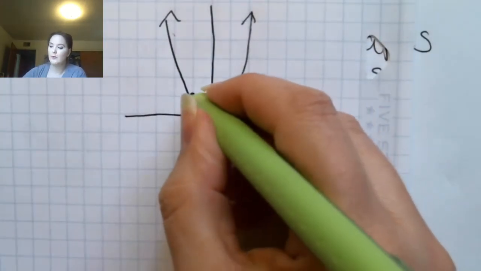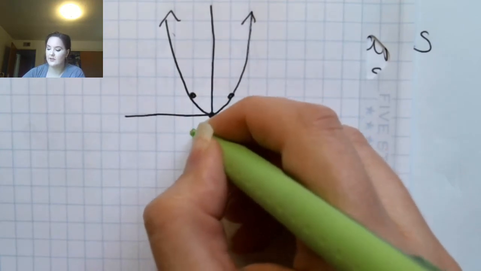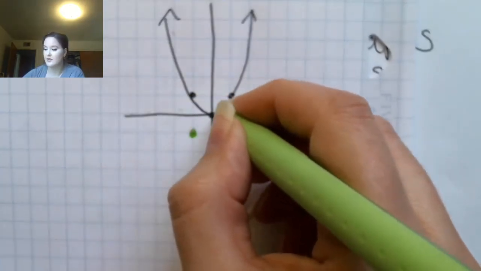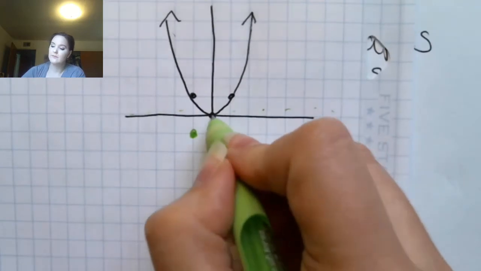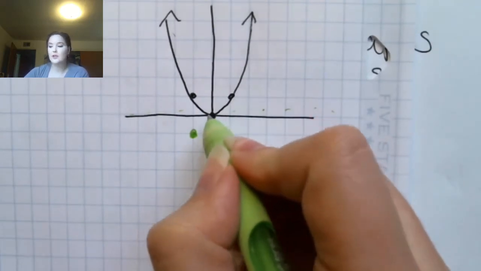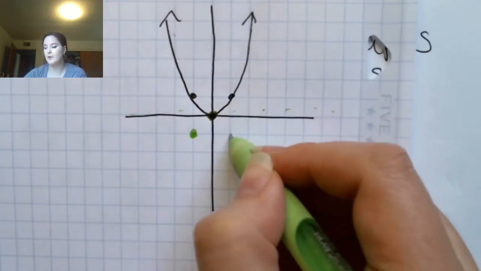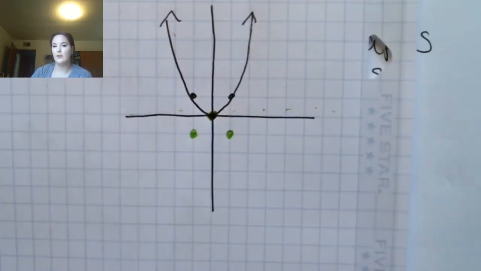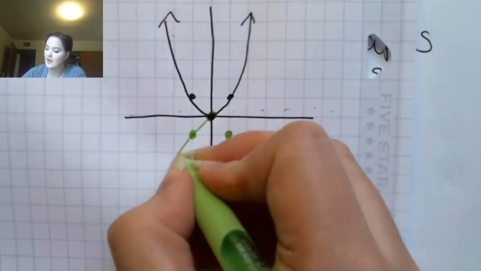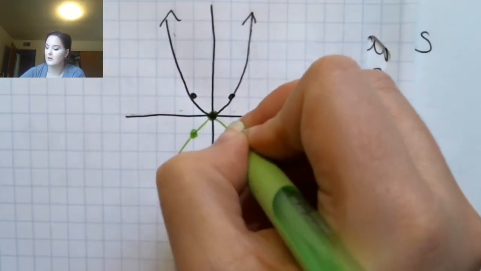When I reflect this point, it's going to reflect down here, right? I'm reflecting across this line. This is on the line of reflection, so it doesn't move at all. This is going to reflect from up here to down there. And now it is going to be upside down, right? Because it's reflected.